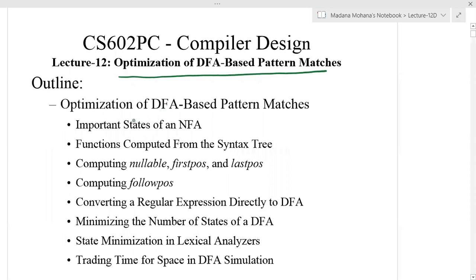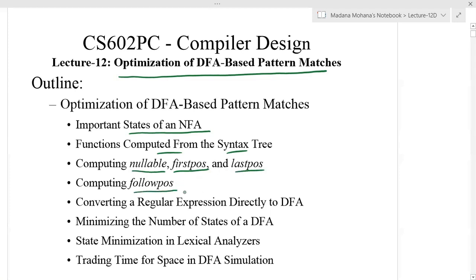In this, first we'll discuss important states of a non-deterministic finite automaton, then functions computed from the syntax tree by computing the nullable function, first position function, last position function, then the follow position function.